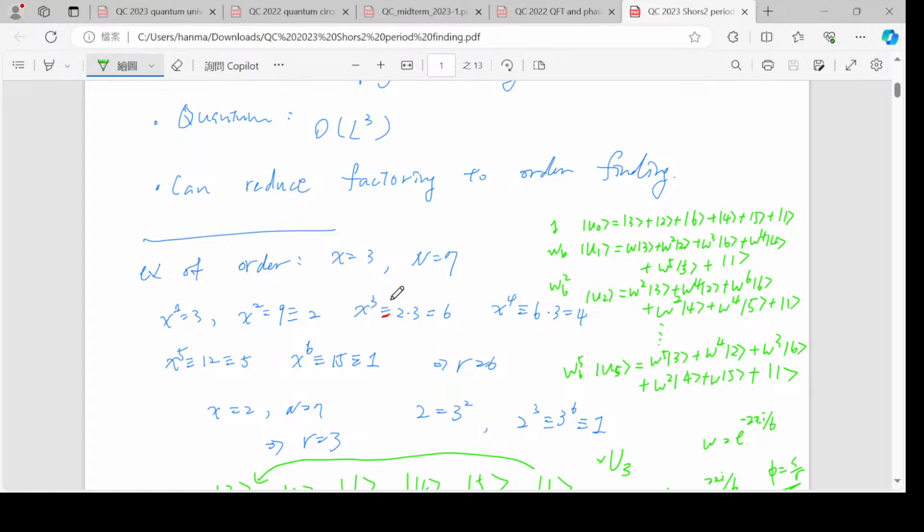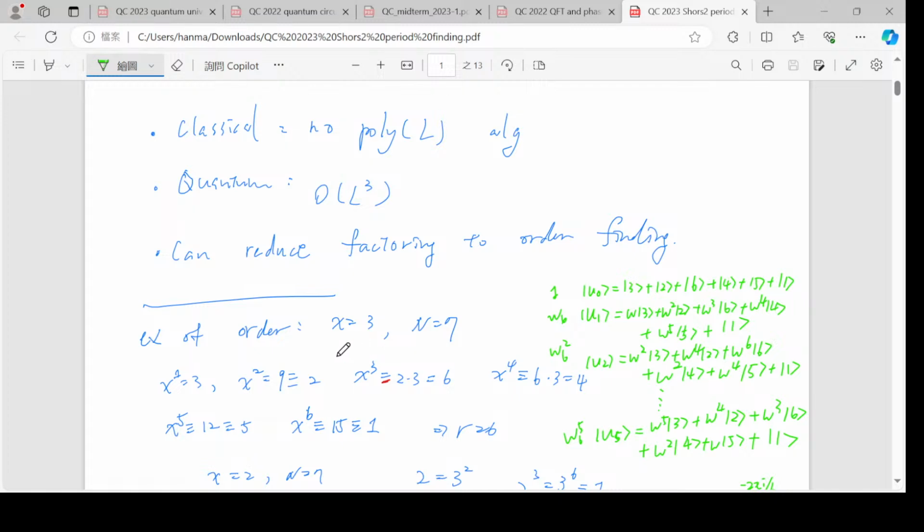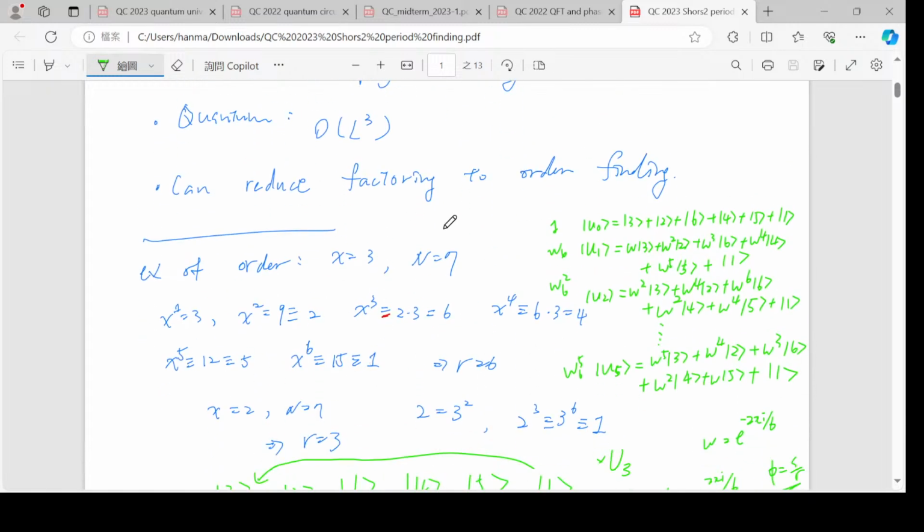Hello. Okay, yeah. So here we have an order. If you keep multiplying x by itself, doing the multiplication mod N, then you will cycle through these numbers. This cyclic structure lets us give a quantum algorithm to solve this.